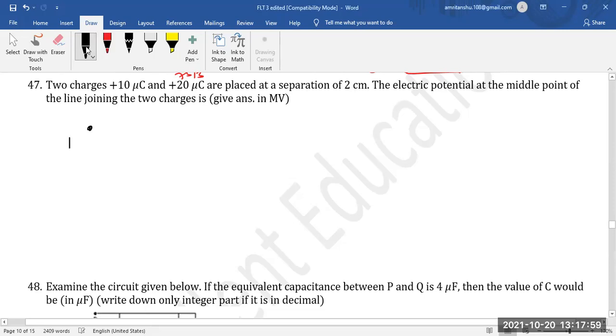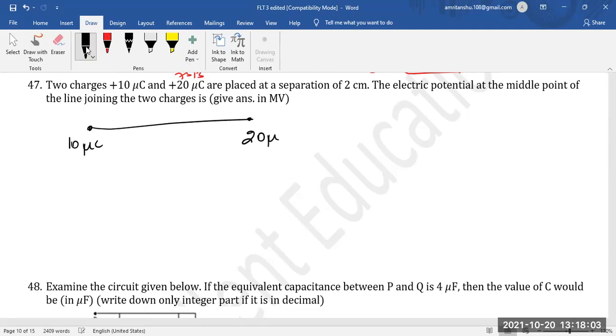It is said two charges 10 microcoulombs and 20 microcoulombs are at a separation of 2 centimeter. Electric potential at the middle point of the line joining the two charges is. So we need to calculate electric potential at this point. This is 1 centimeter and this is also 1 centimeter. Let's say we'll assume this is Q1, this is Q2.